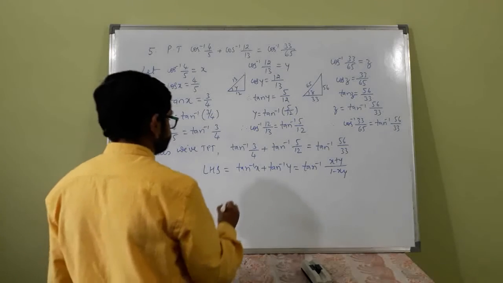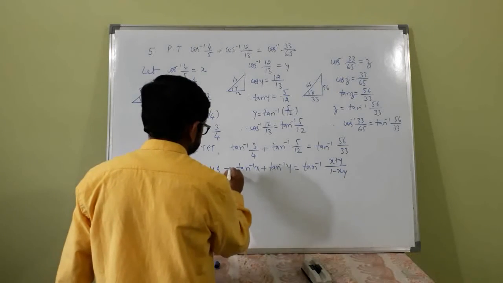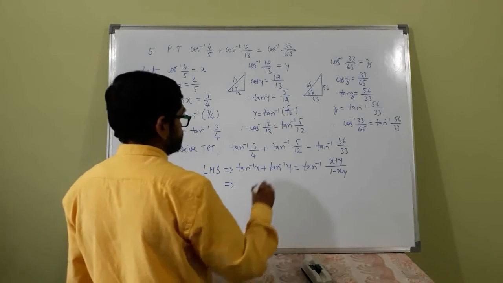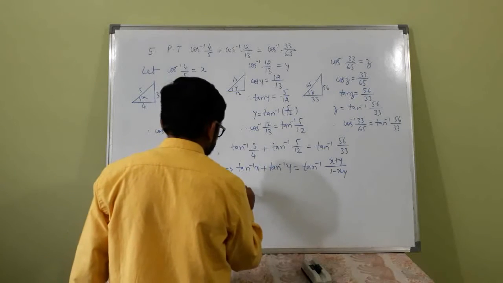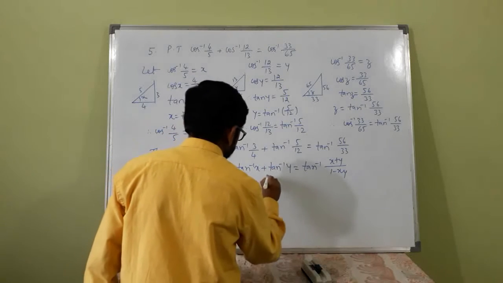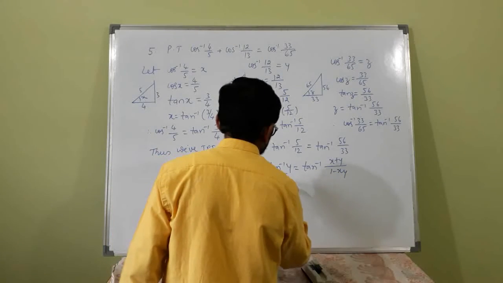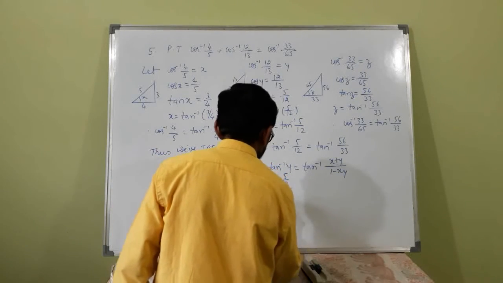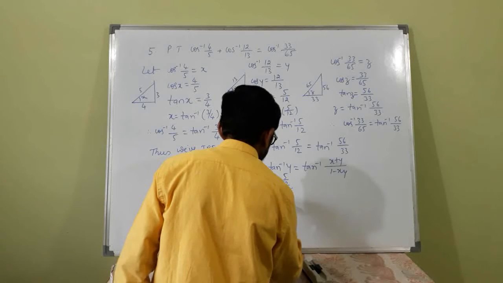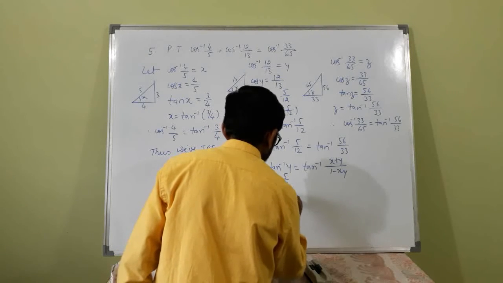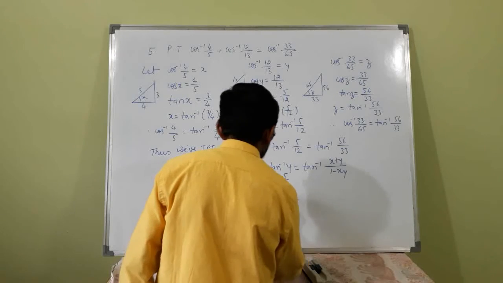That is tan inverse of 3 by 4 plus 5 by 12, divided by 1 minus 3 by 4 into 5 by 12.